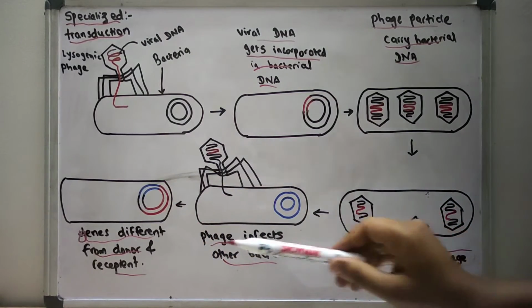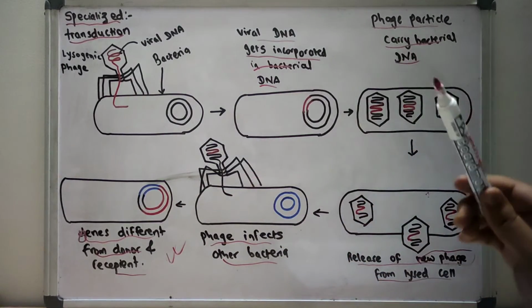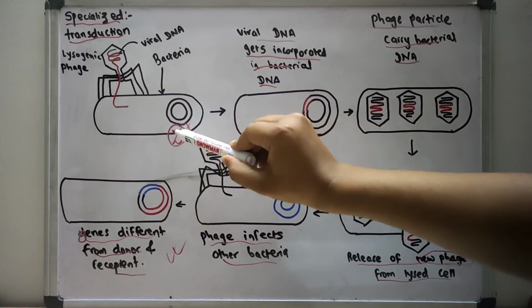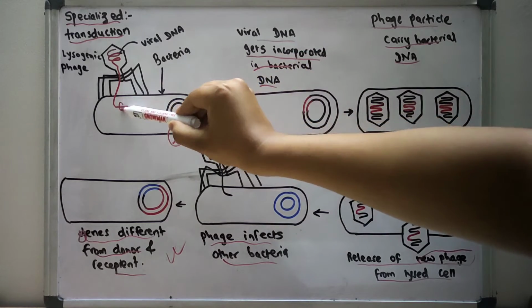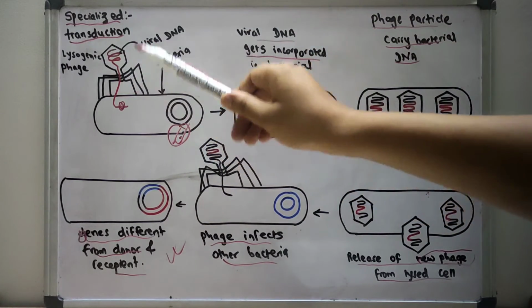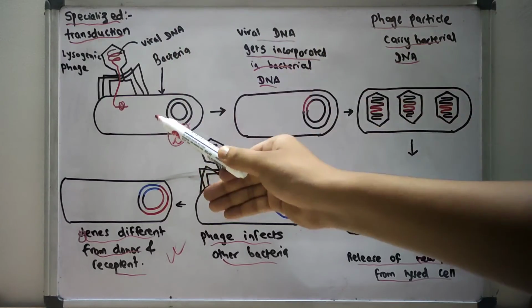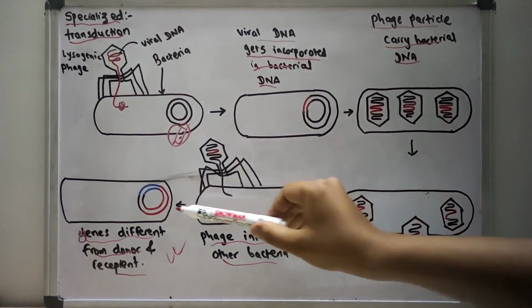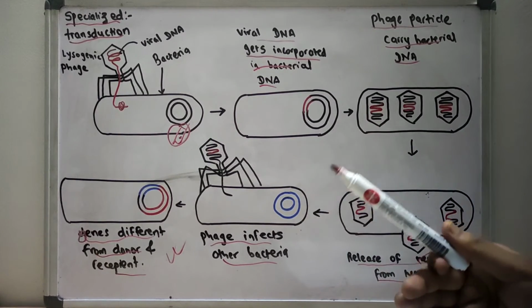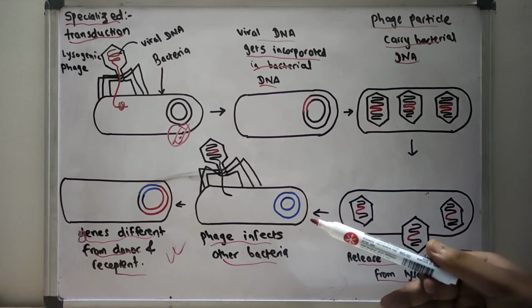That means the new bacterium will have the genetic material of the original infected bacterium and the genetic material from the first lysogenic phage virus that had infected the first bacterium, and it has its own as well. So the genes will be totally different from the donor and the recipient bacteria.